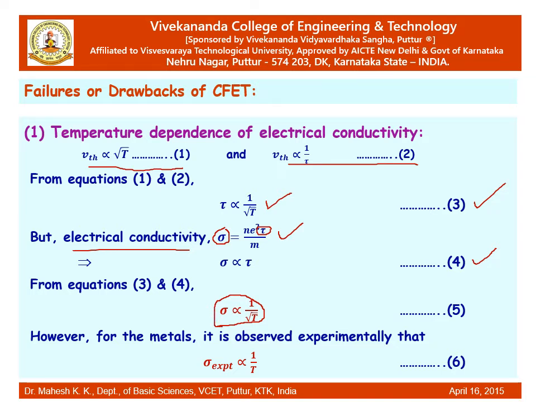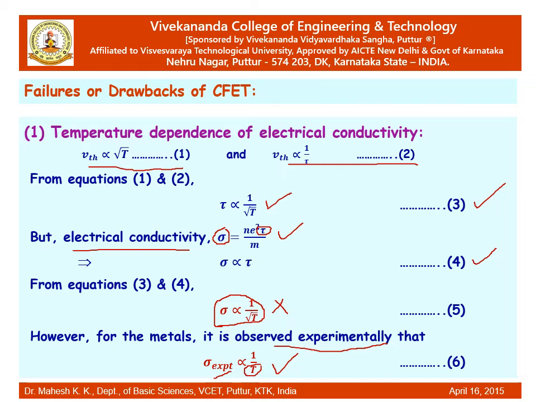But by experiments, people saw that sigma is not inversely proportional to root T, but inversely proportional to just T. That is the experimental value, so there is always a difference between root and without root.